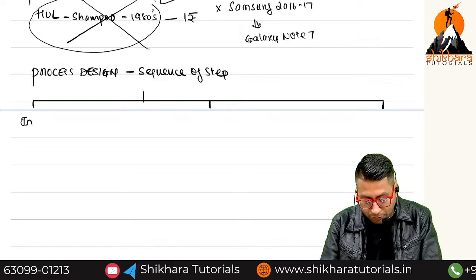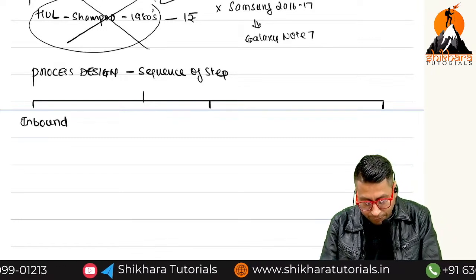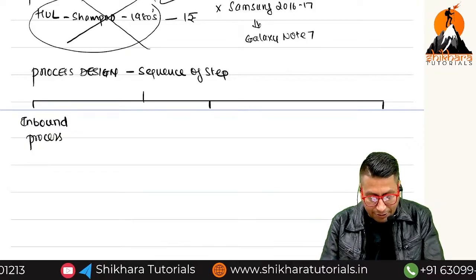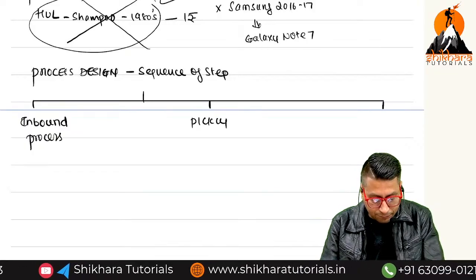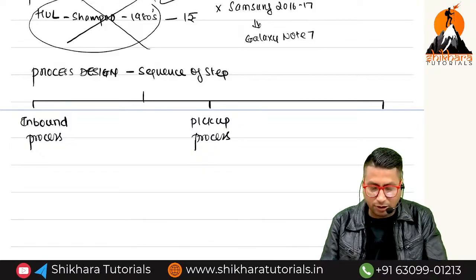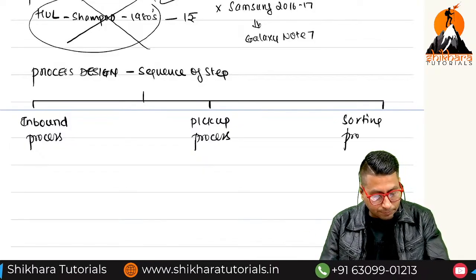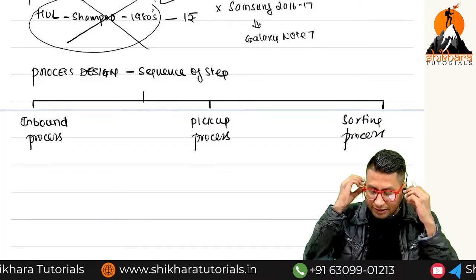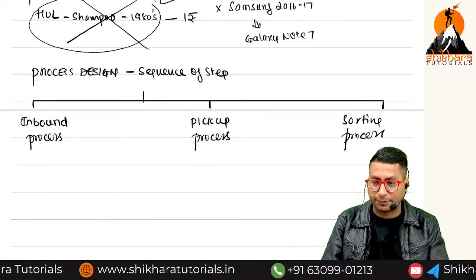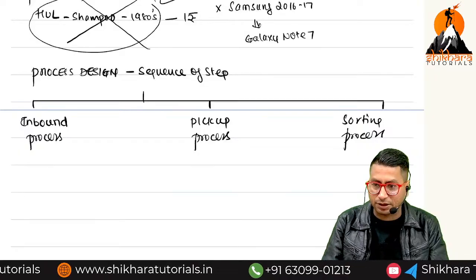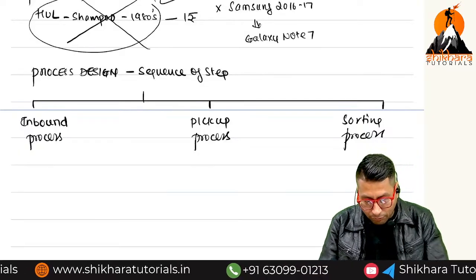One is the inbound process, then the pickup process, and the third one is the sorting process. So how many processes are there? 3. First one, inbound. Second one, pickup. And third one, sorting.